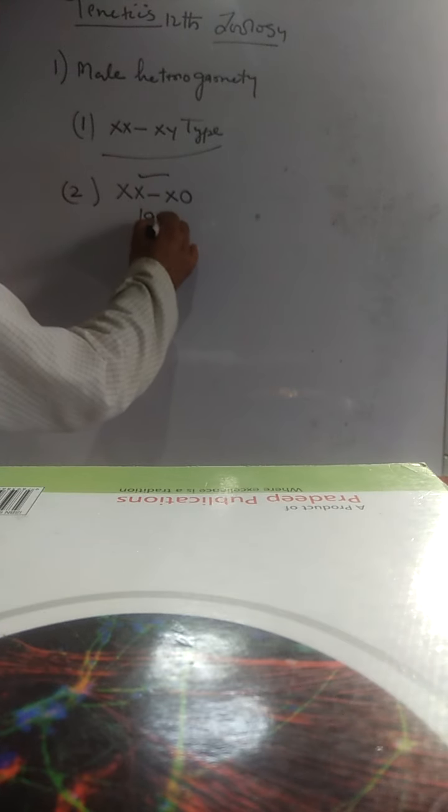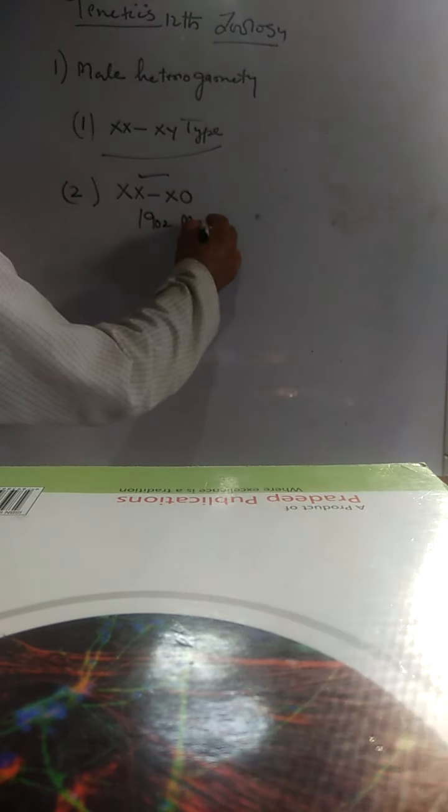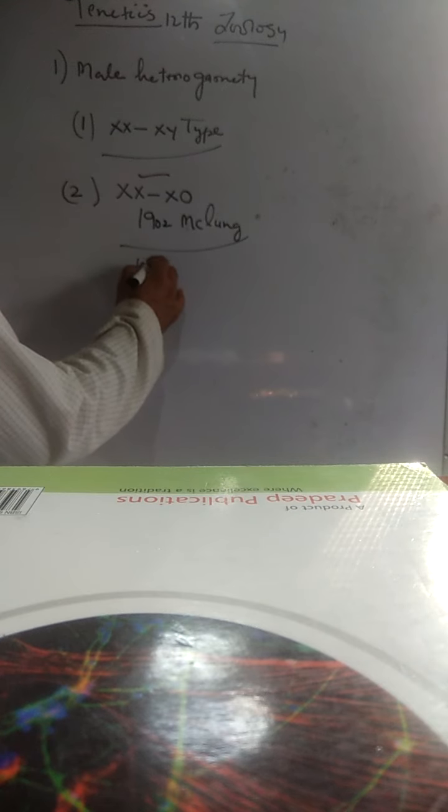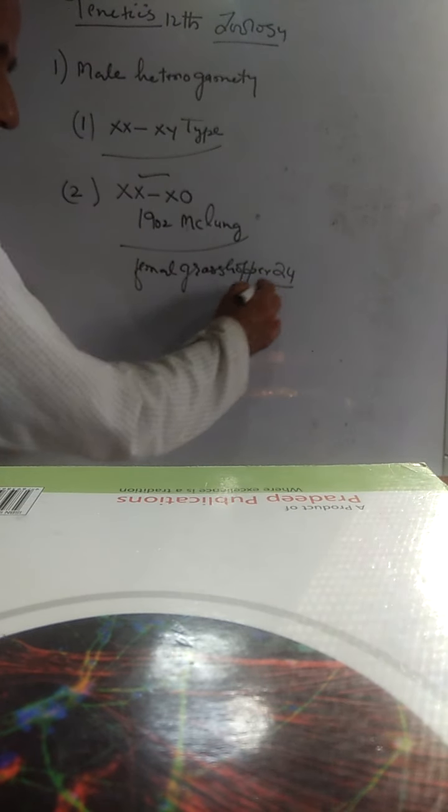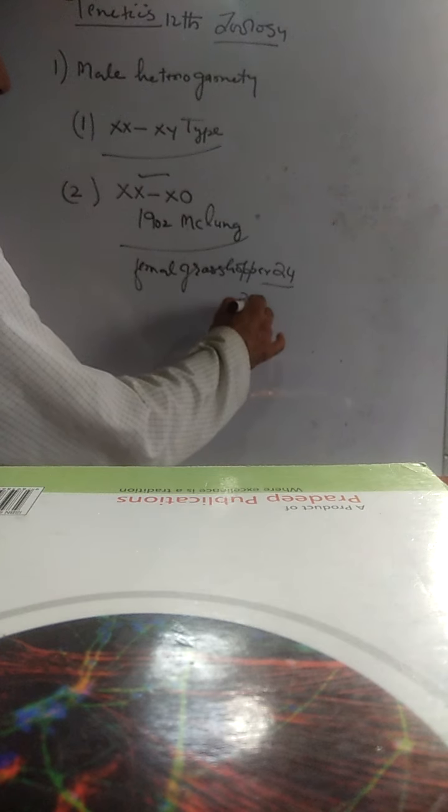This system was reported in 1902 by McClellan, a biologist. The scientist reported that somatic cells of the female grasshopper bear 24 chromosomes, which means 12 sets, whereas those of males had only 23.